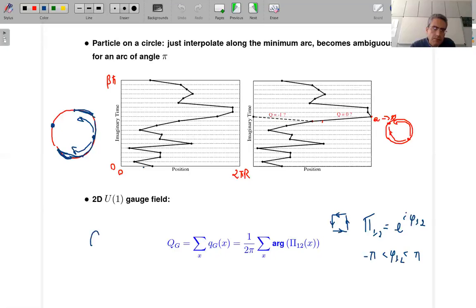Yeah, so basically, sorry, I'm not able to make pictures of the torus.